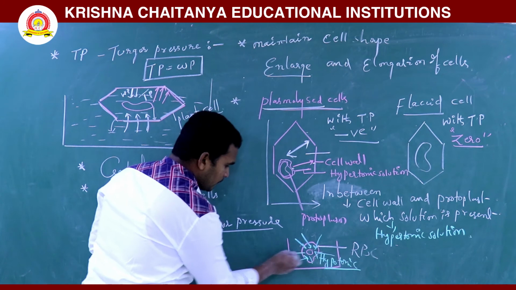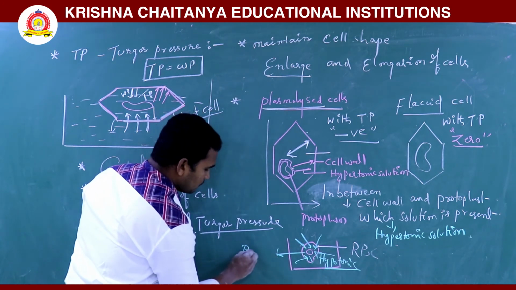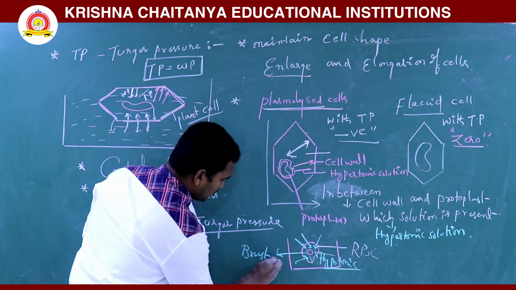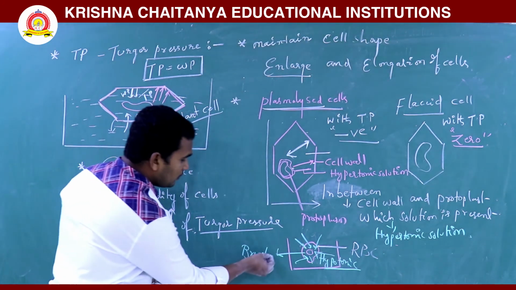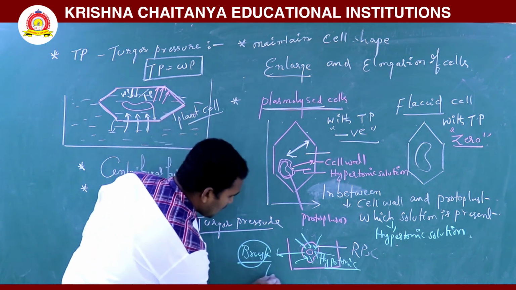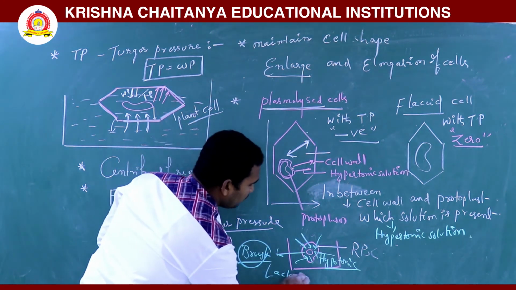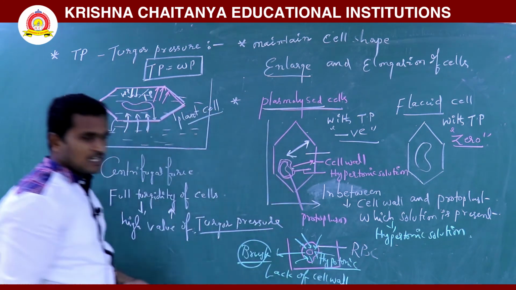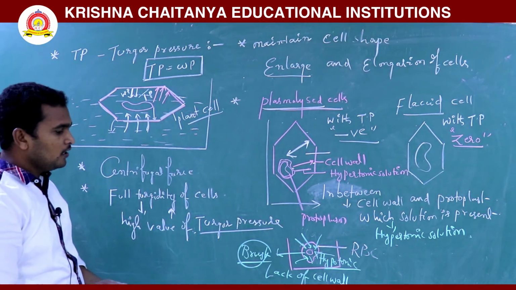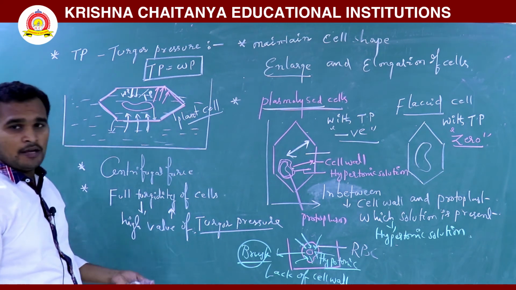The RBCs will burst because of the lack of a cell wall. Cell wall is absent, so the RBCs burst.